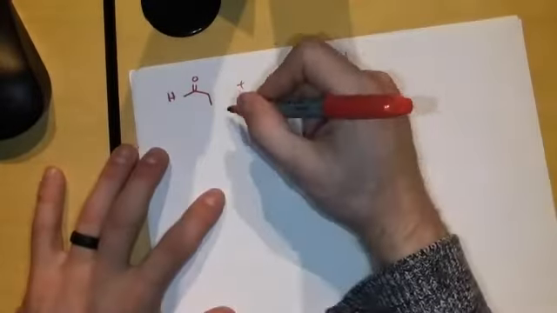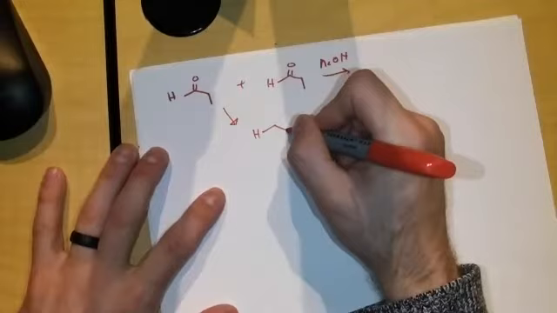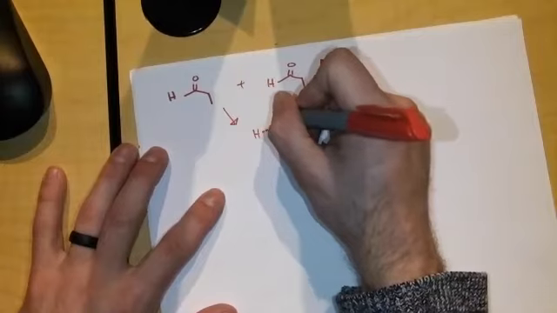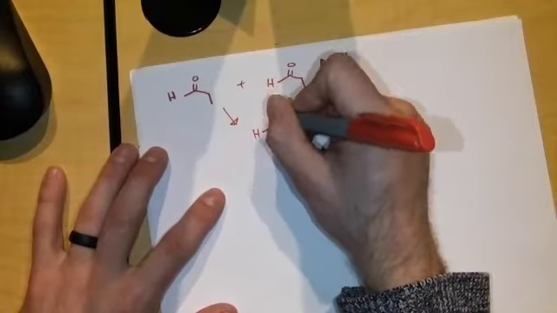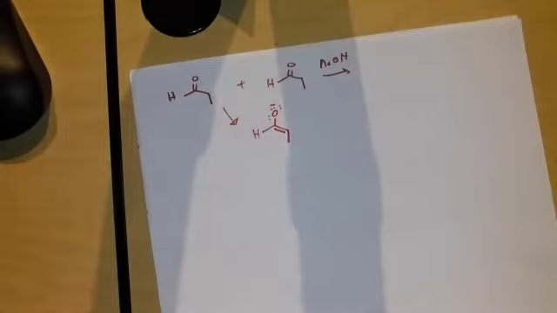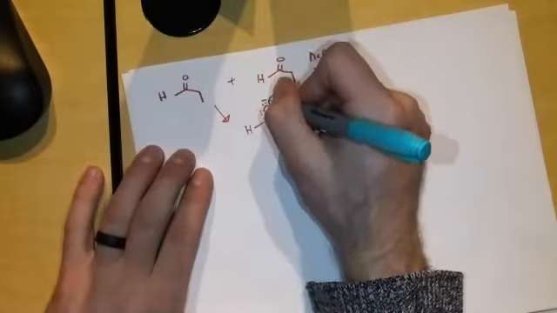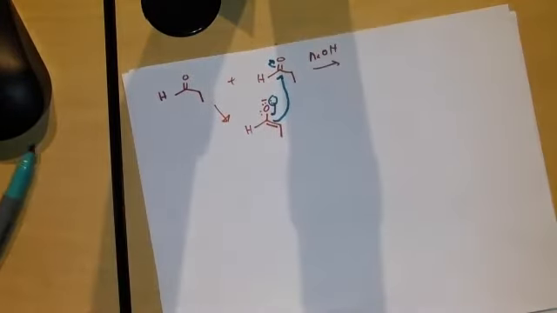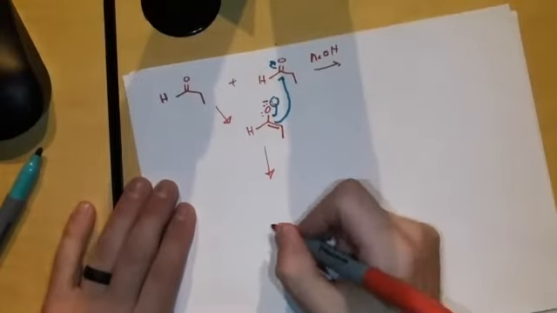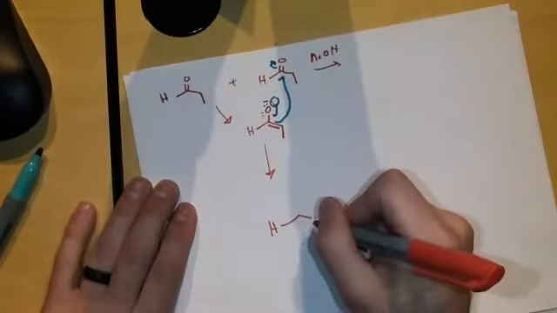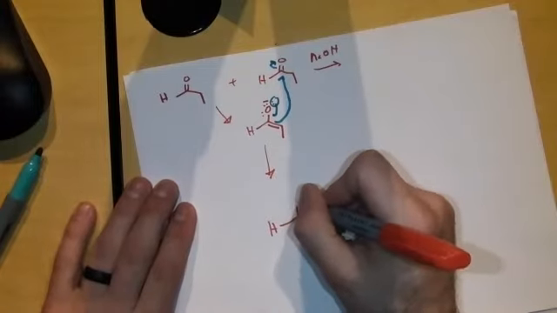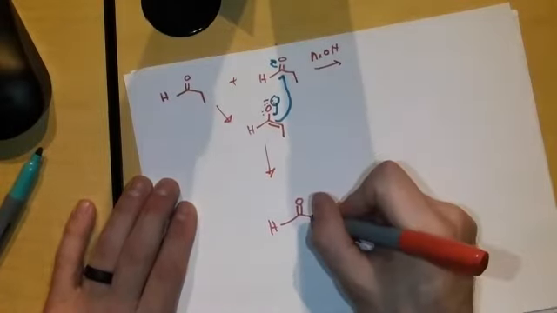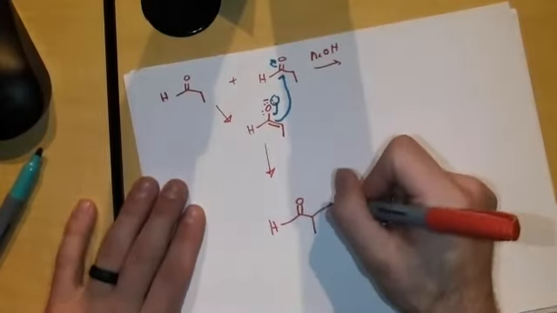So we're going to make this enolate here. It can do an attack. We're going to form a bond between this position here and our other ketone or other aldehyde.